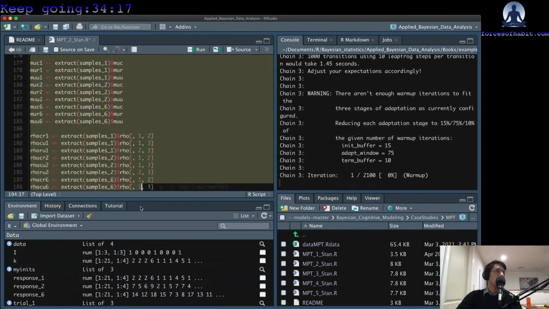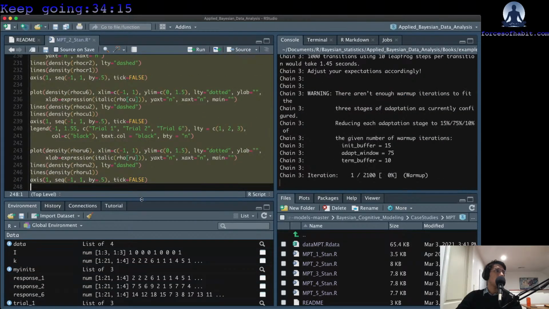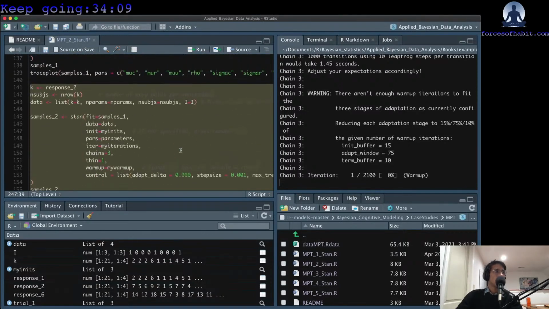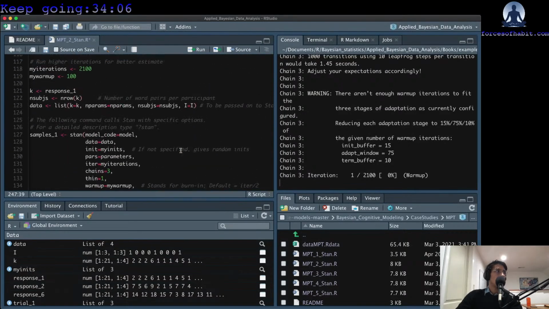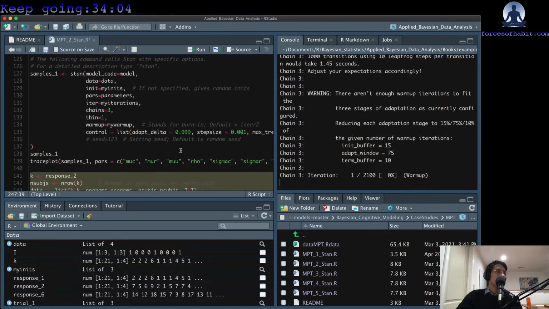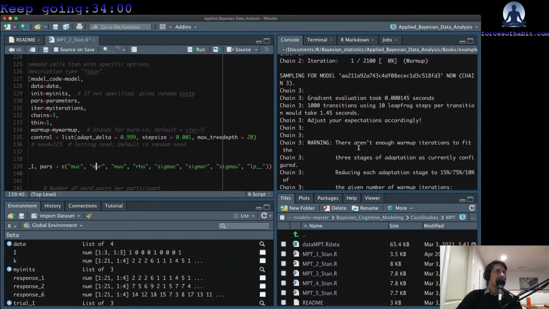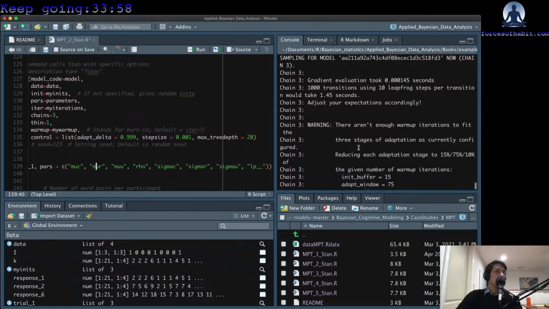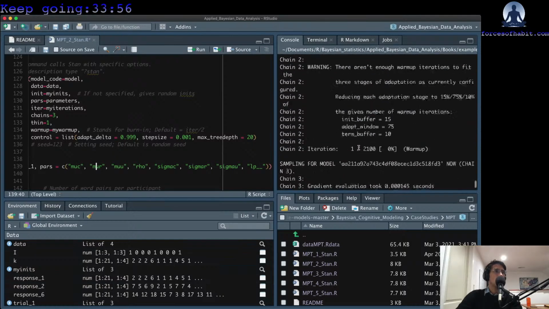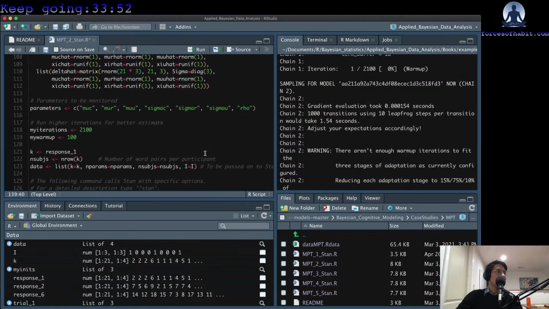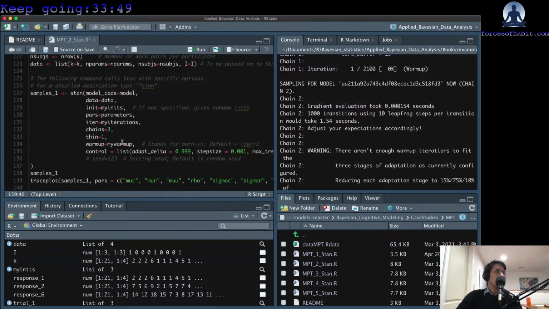Once we get this first one done, we should be pretty quick, because it will just run on using the history. Uh-oh. Looks like it wants a little more warm-up.